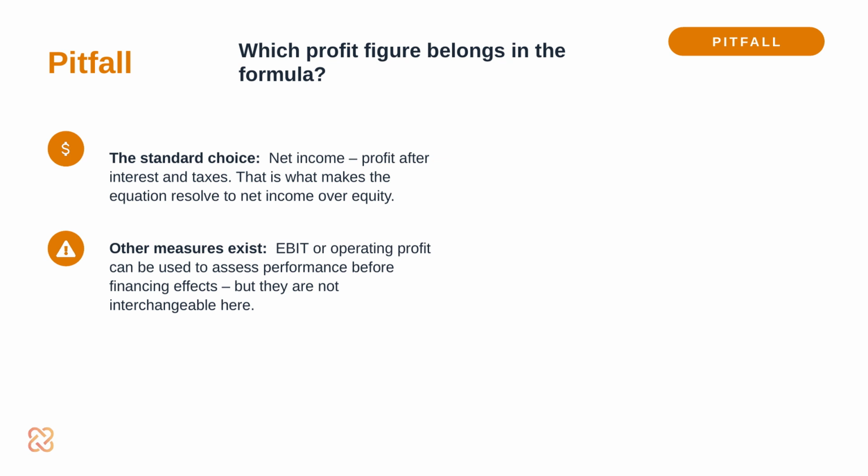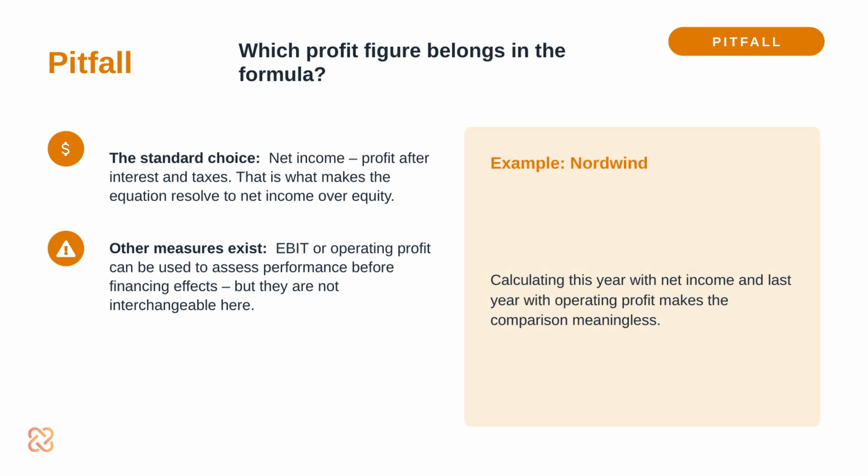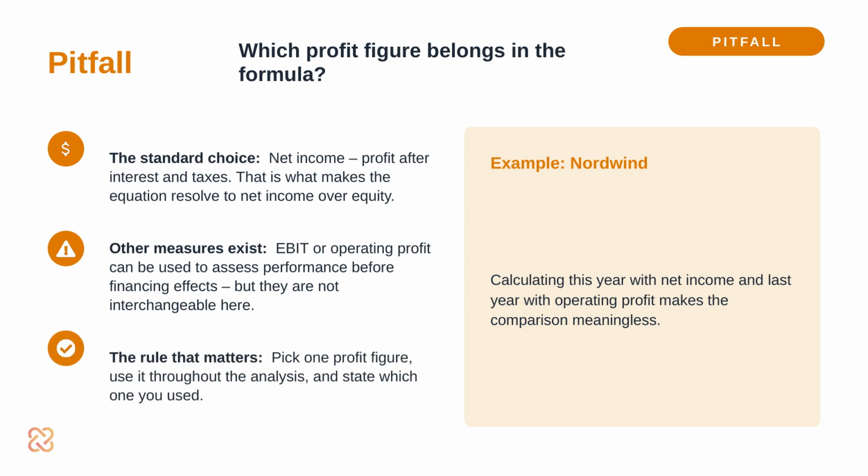Before interest and taxes, those can be useful for judging performance before certain financing effects, but they are not interchangeable with net income in the three-factor equation. What distorts the analysis is mixing those measures. Using net income this year and operating income last year makes the comparison inconsistent. So choose one profit measure, keep it throughout the analysis, and state which one it is.